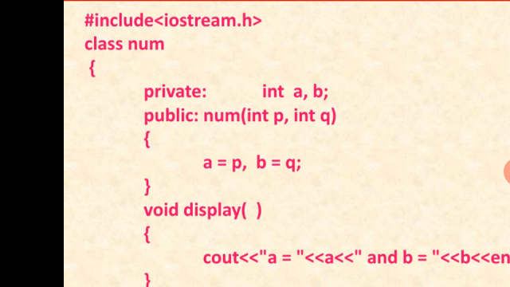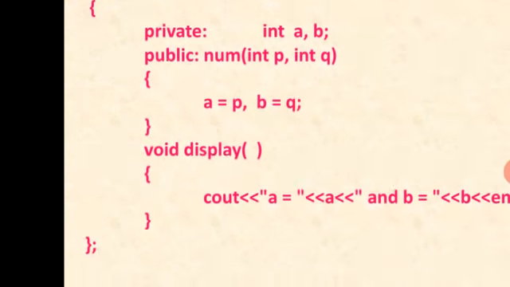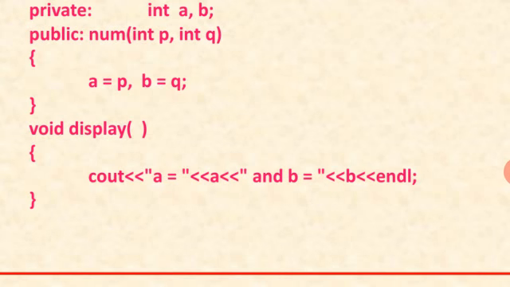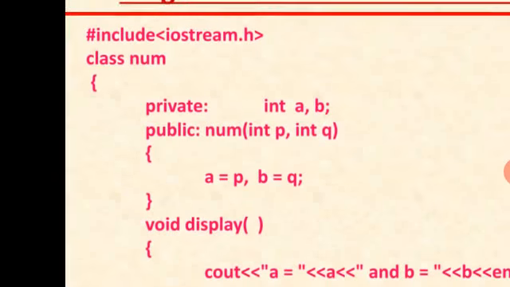Inside the function num, I am initializing A value equal to P and B value equal to Q. Next, one more function I have taken, that is void display, where I am displaying the values of A and B. You can see here cout A and B equal to the value, and endl indicates the end of the line. So in this way I have created one class.